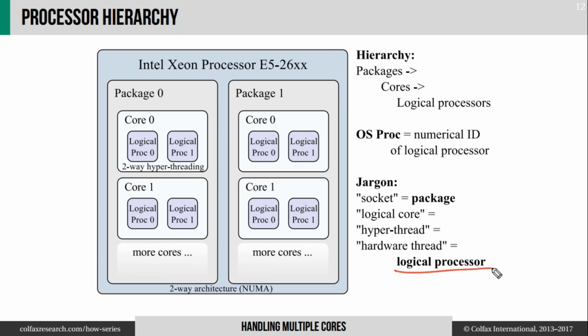And with the term logical processor, sometimes you will hear logical core or hyperthread, because it is created by the hyperthreading technology, or hardware thread, which is actually a different organization of logical processors from hyperthreads. But usually this jargon refers to the logical processor.